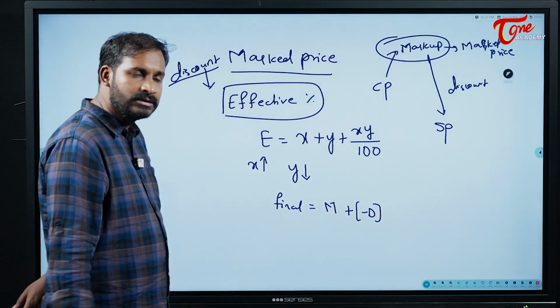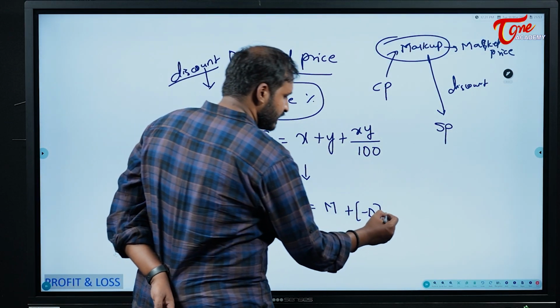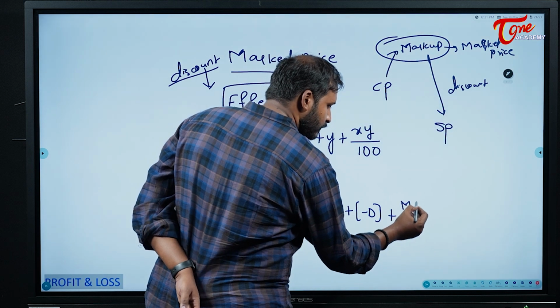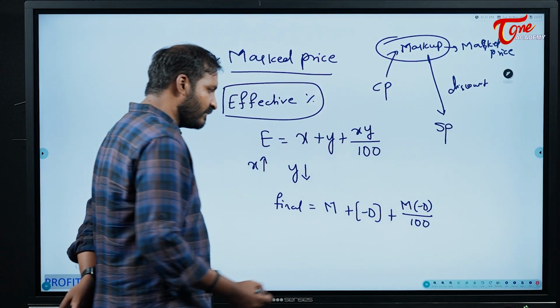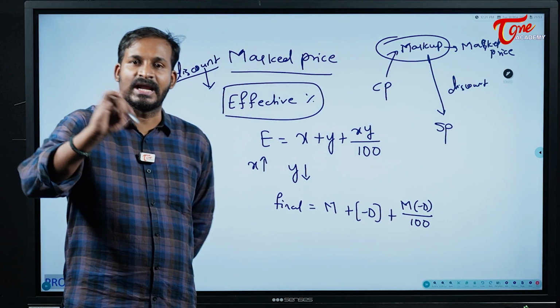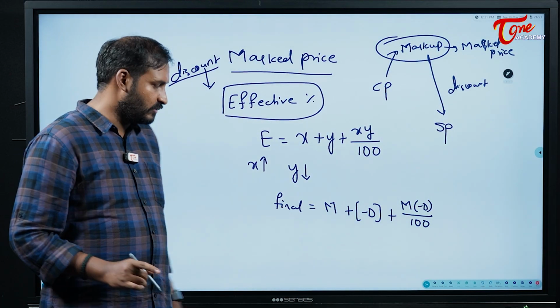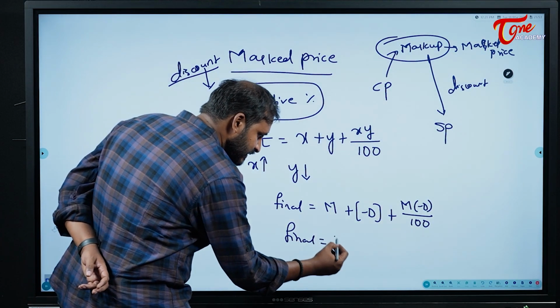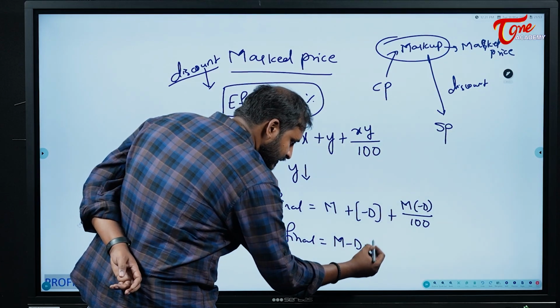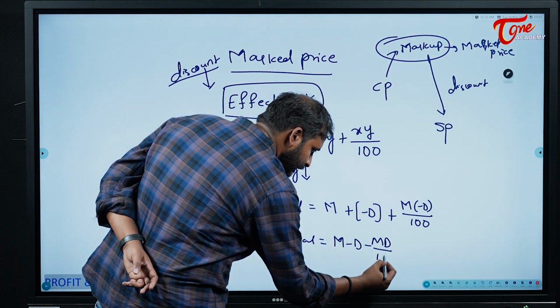Discount I will take as minus d, plus m into minus d by 100. In place of x I will take m. M means marking up, d means discount. So the final value is m minus d minus md by 100.